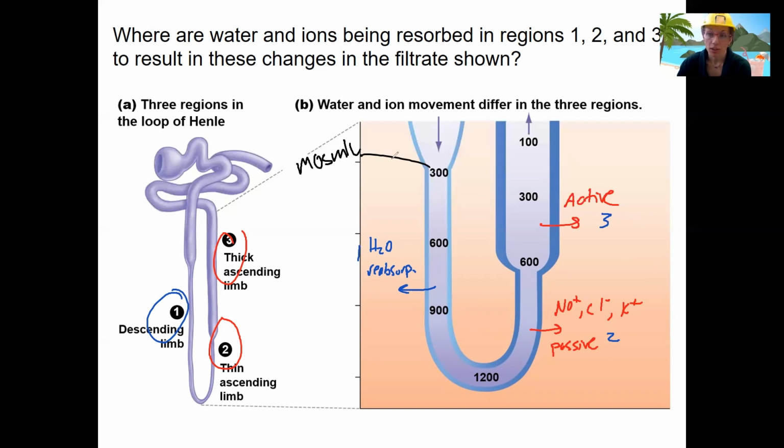The last thing I want to show on this image is the osmolarity of the medulla. So this is our interstitial fluid of the medulla. Actually, look at that. You can see where there's going to be a graph. I'm going to graph on this axis the osmolarity of the ISF in the medulla, because that's where we are. That's where the nephron loop is traveling through.